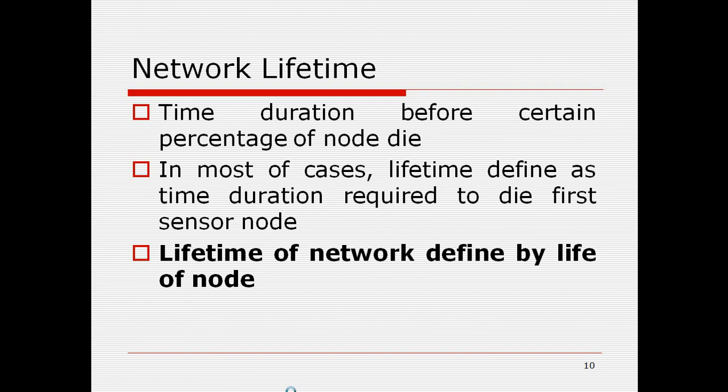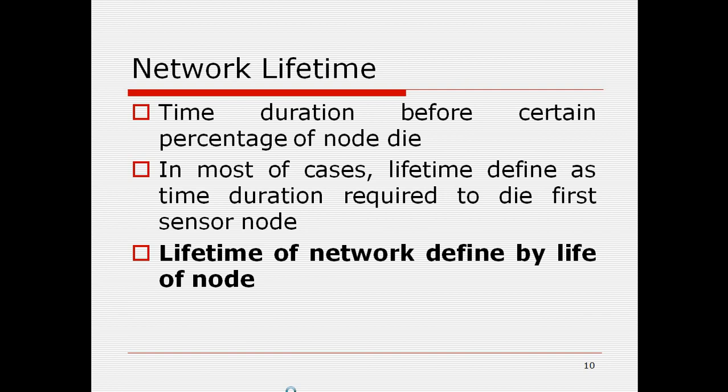Network lifetime is the time duration before a certain percentage of nodes die. In most papers, IEEE papers and by researchers, this kind of definition is given: lifetime is the time duration required for the first sensor node to die. Suppose we have 100 sensor nodes in the sensor field. The time required for the first node to die is taken as the lifetime of the network.